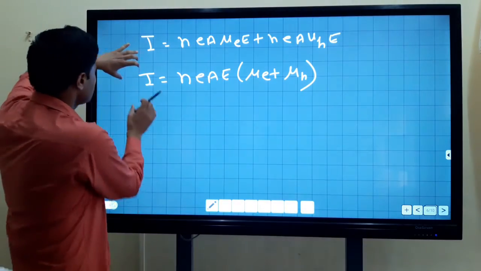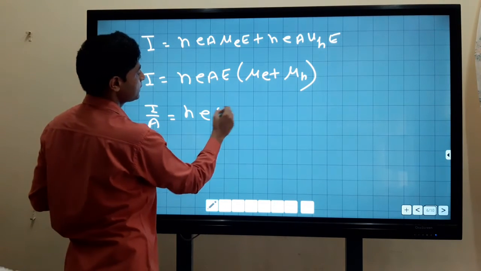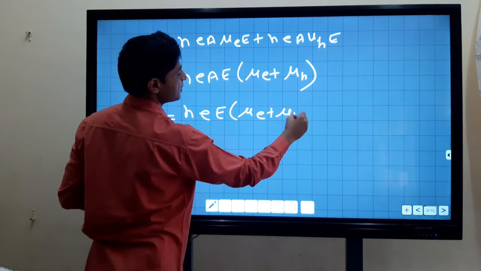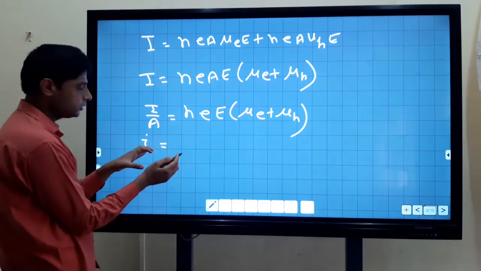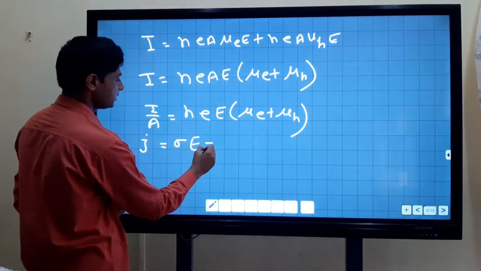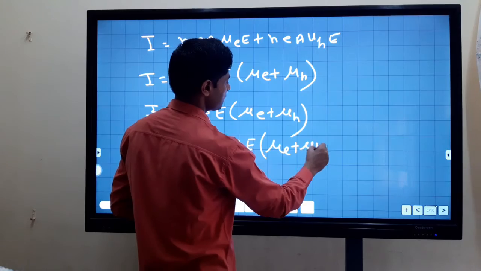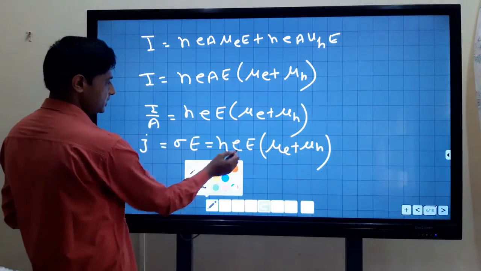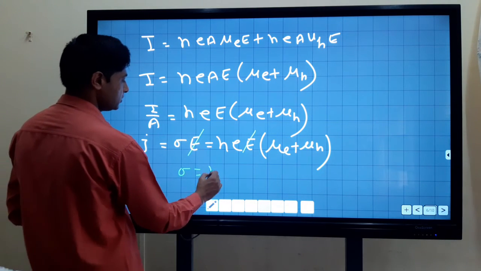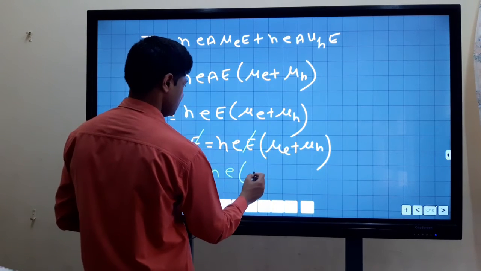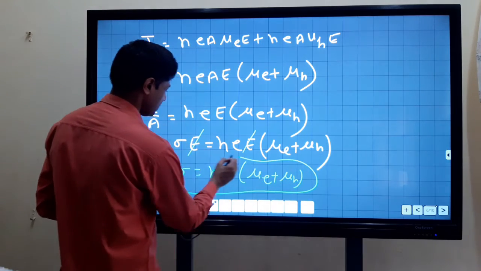As you know, I upon A equals n e E times mu e plus mu h, and that is equal to J, and J equals sigma E. So E cancels E, which means sigma equals n e times mu e plus mu h in case of semiconductor.